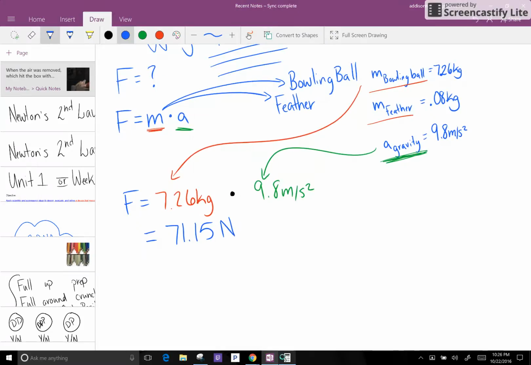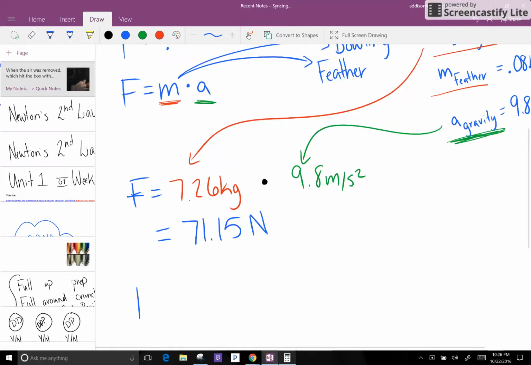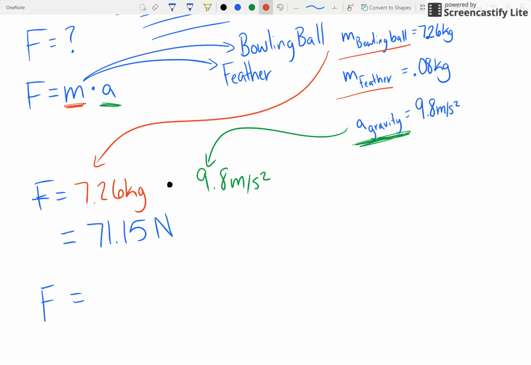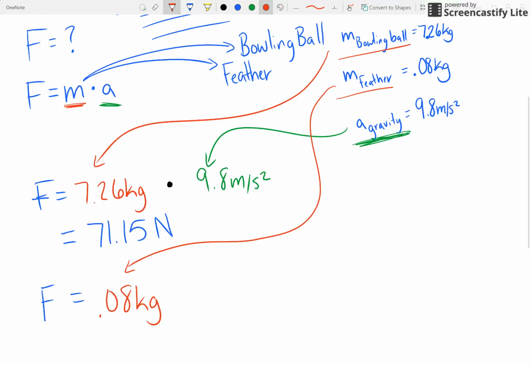One for the feather. So force equals mass of the feather, which is 0.08 kilograms, multiplied by the acceleration of gravity, which is 9.8 meters per second squared.